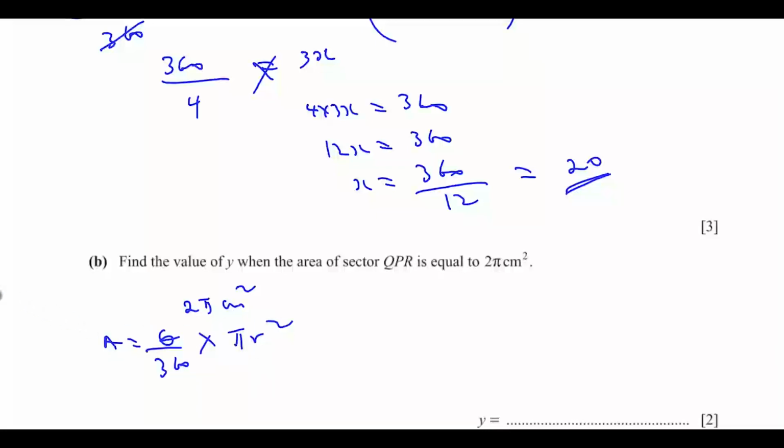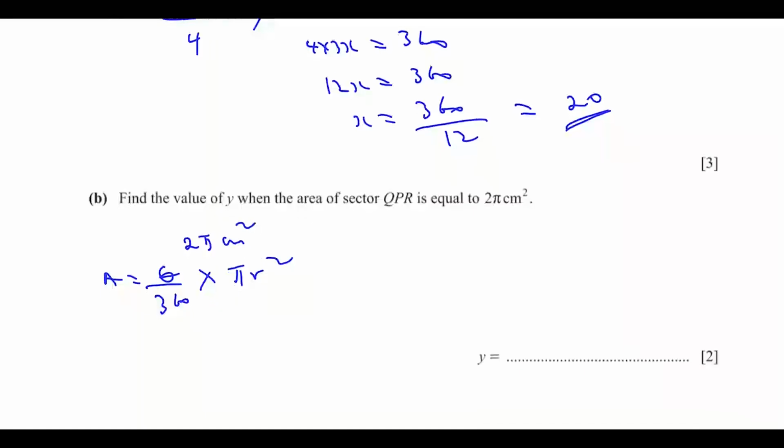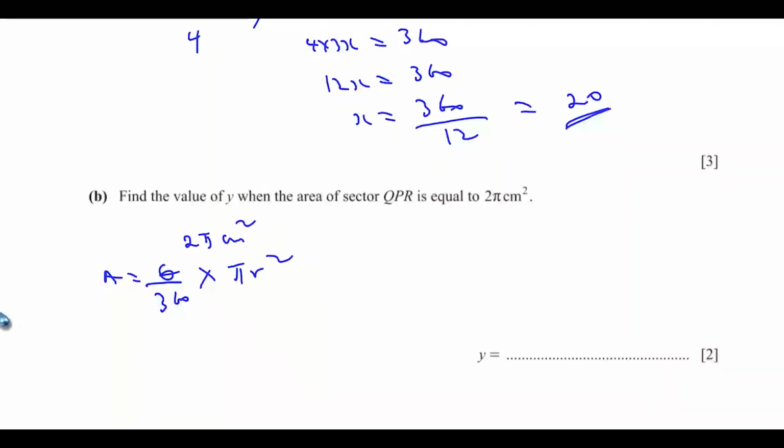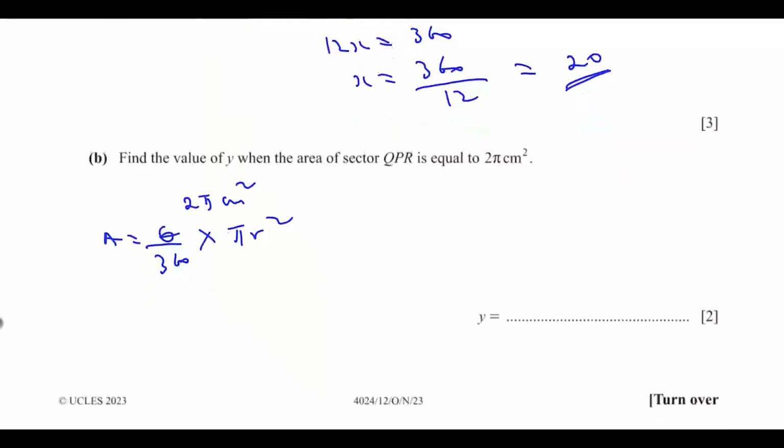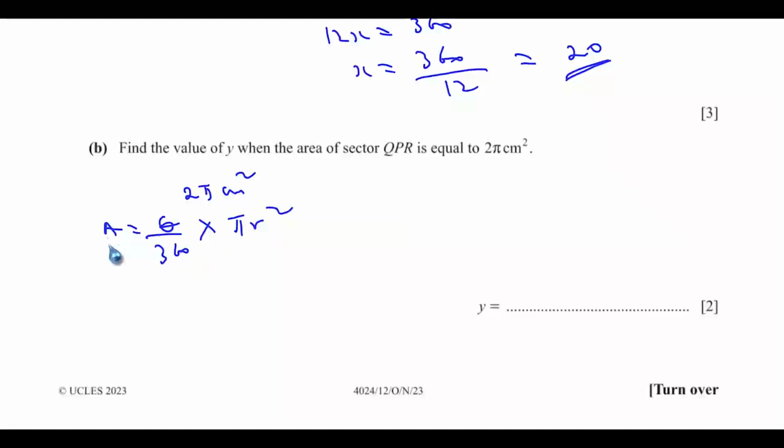So let's key in the values. The area is 2 pi, equals theta, which is x, now 20 degrees over 360 degrees times pi, and the radius is y squared.